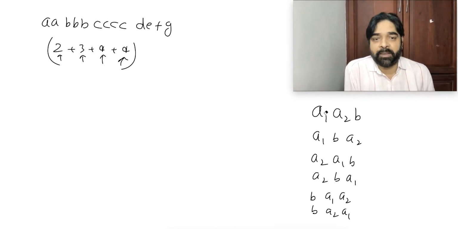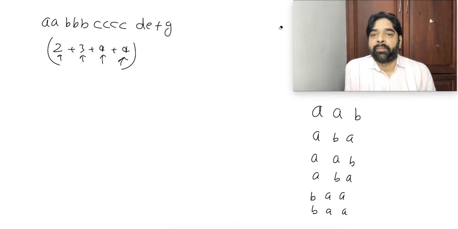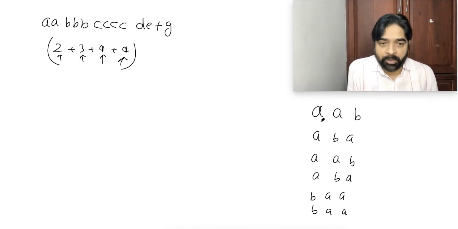Now suddenly somebody came and they removed this superscript. Now they become the same letter, identical objects. Now see ABA, AAB, okay, but this I will not consider. Why?